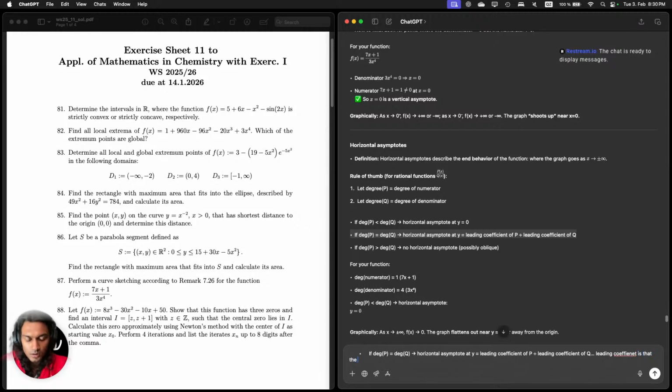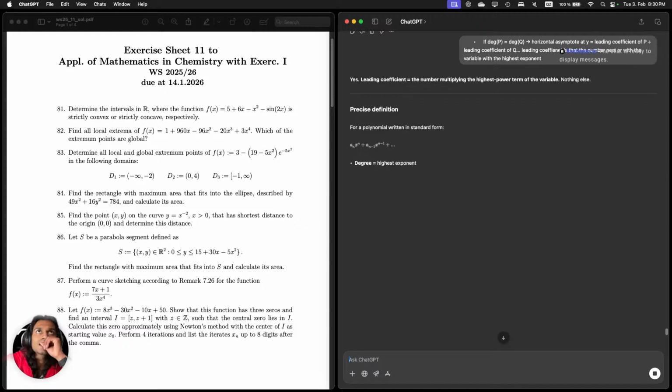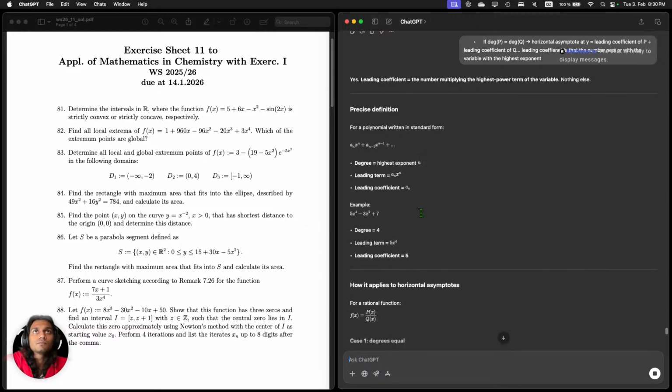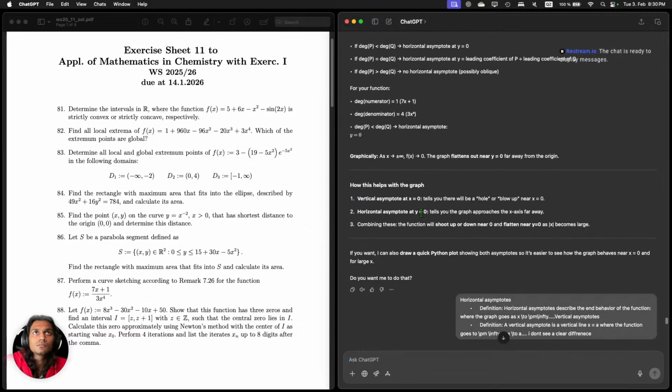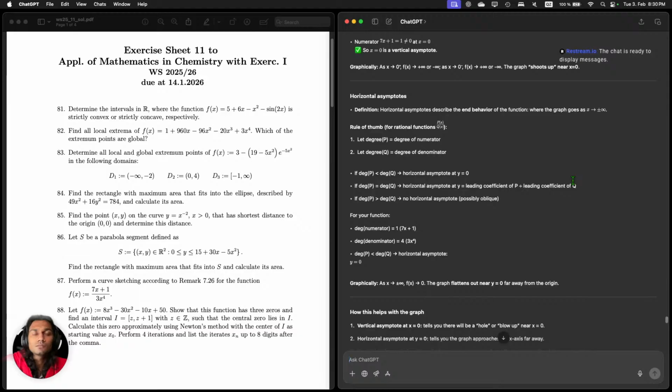Is that the number next to the variable, or the highest exponent variable? And if y equals n of e_n plus n of e_d.